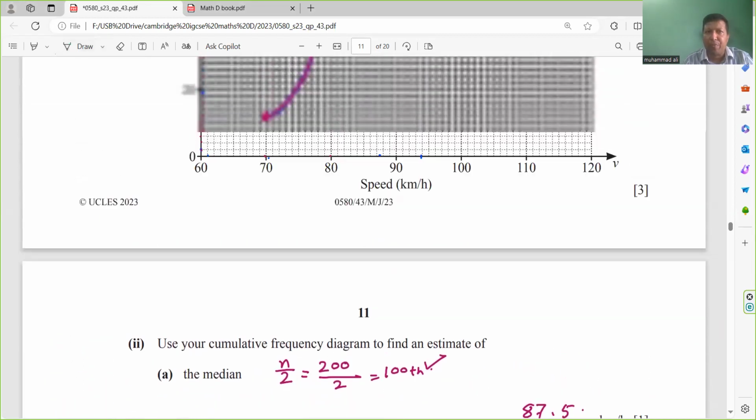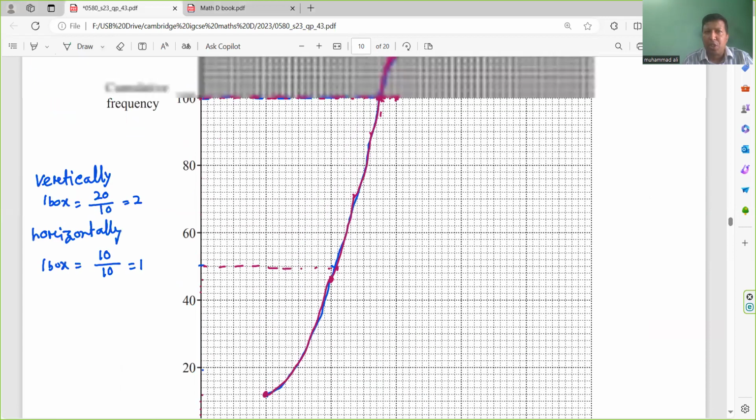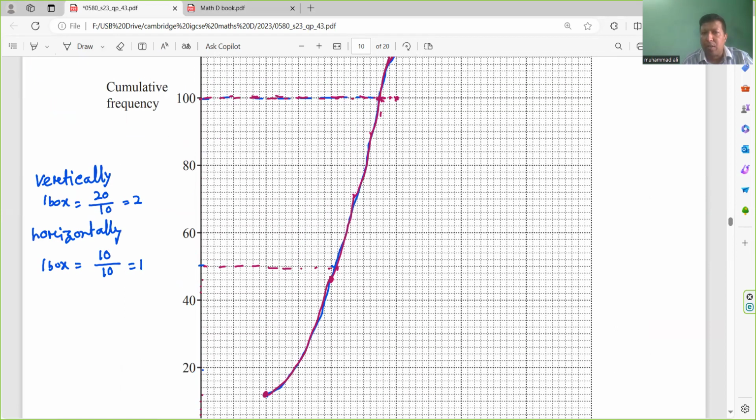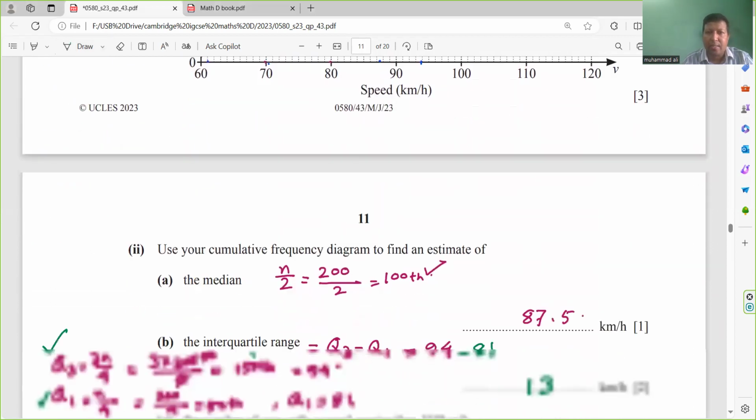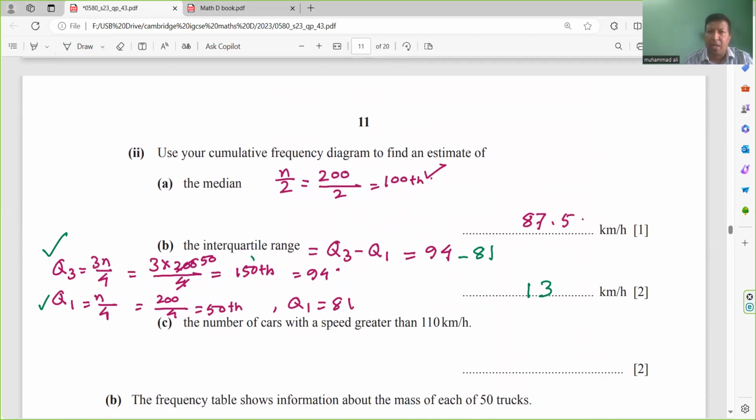From the cumulative graph, the 150th position's corresponding value will be the upper quartile, speed is 94, and the lower quartile at the 50th position has corresponding speed 81. Subtracting both is the interquartile range. So our interquartile range is 13.